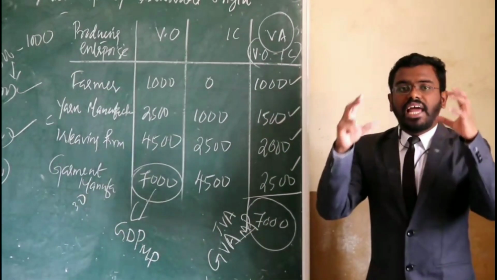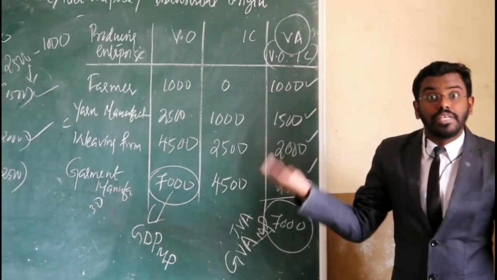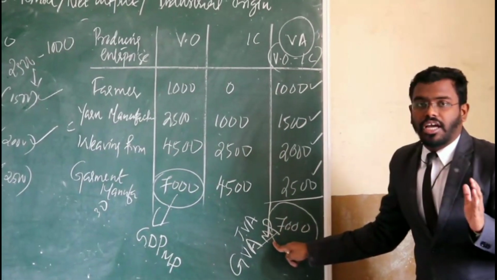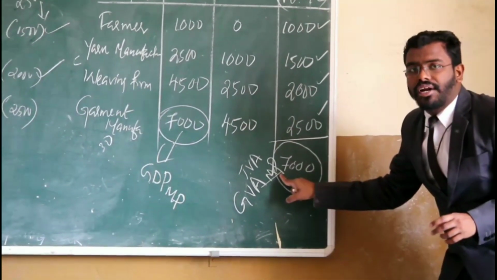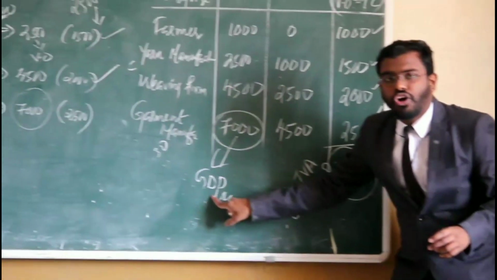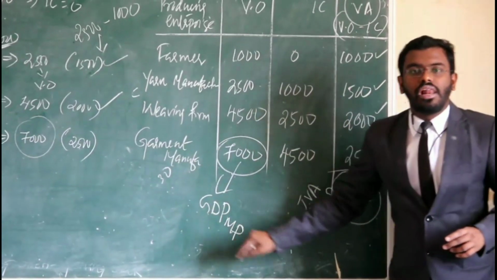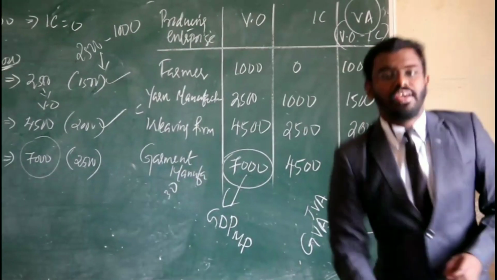Gross means total. Gross value added at market price. And here we can conclude that this gross value added at market price is equal to GDP-MP. Both are equal.